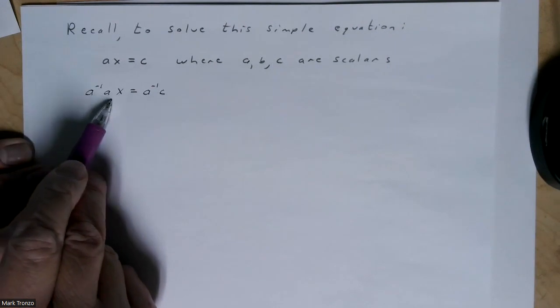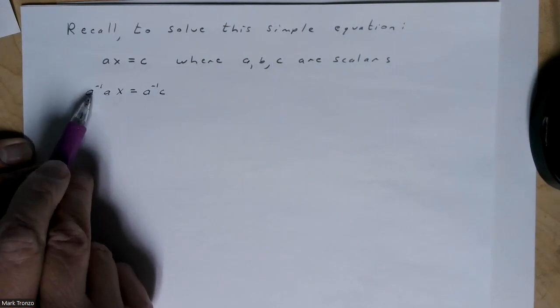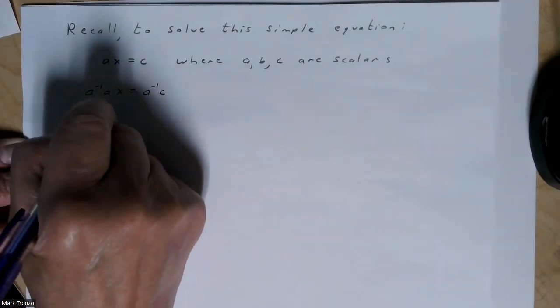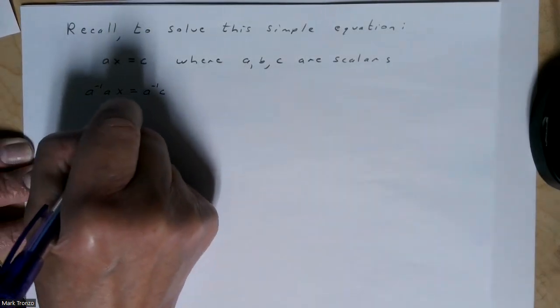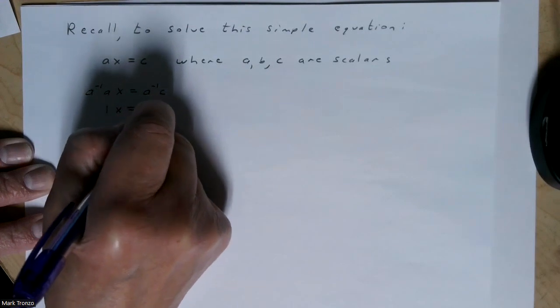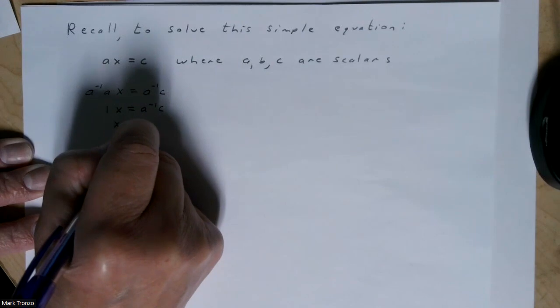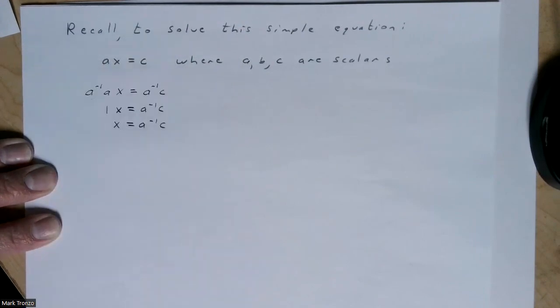Then, of course, remember, when you multiply anything times its inverse, that's just going to be 1. And 1 times x is just x. So we have this.